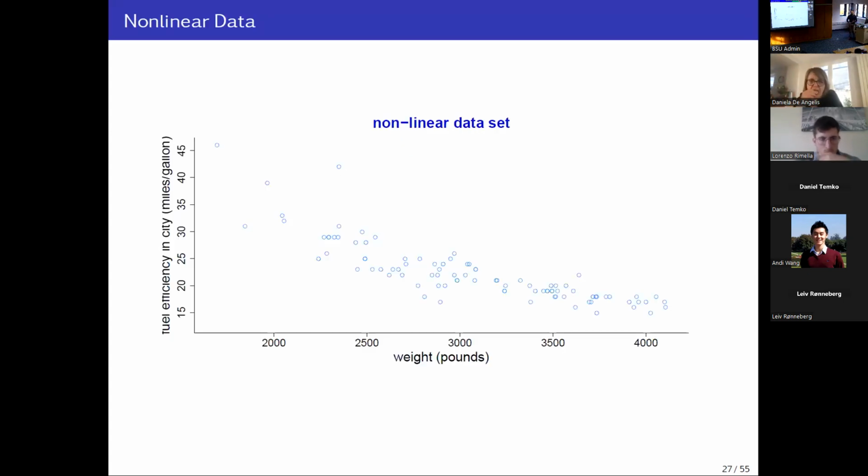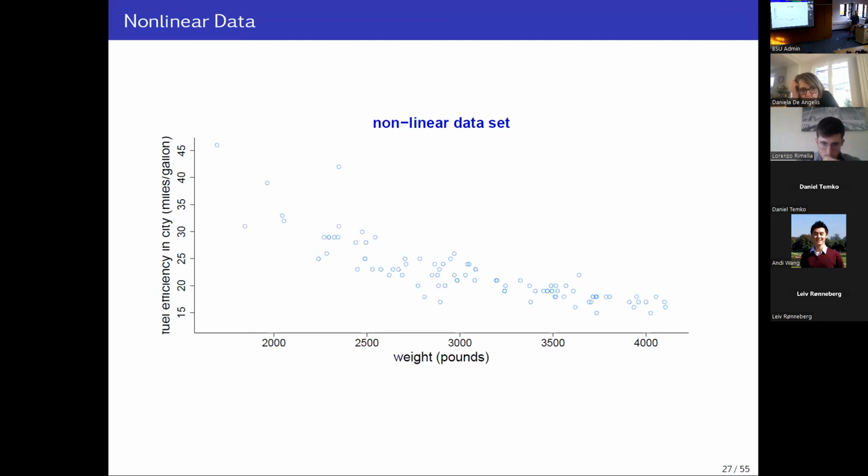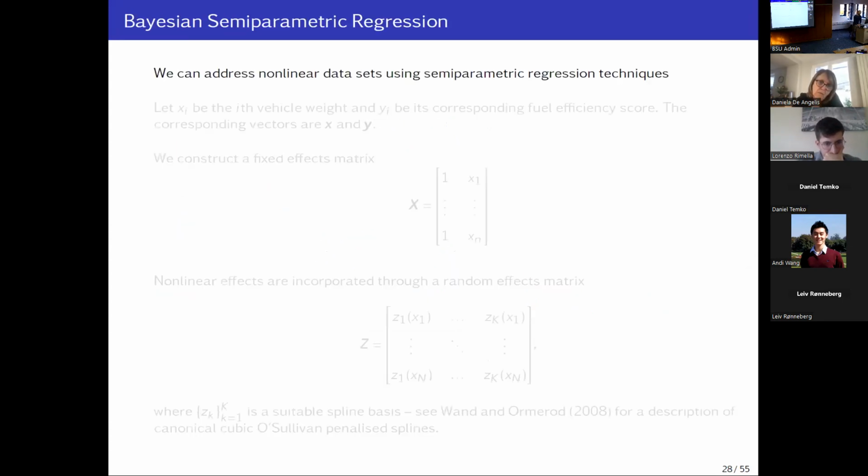So let's build up a bit of model complexity and look at things such as non-linear data sets where you would have to look at semi-parametric regression. For instance, in this data set here, we have fuel efficiency as a function of the weight of the car. Sorry, it's cut off part of my title there.